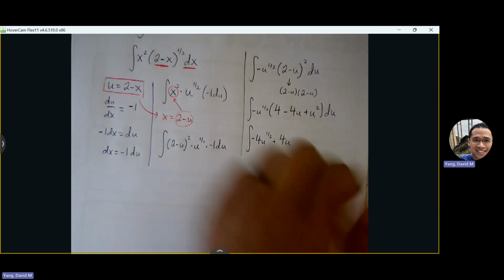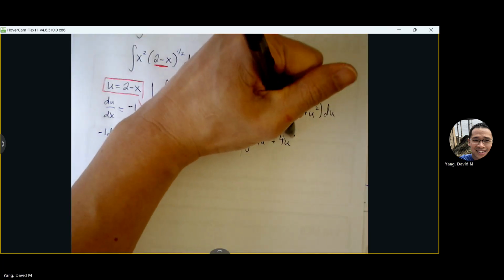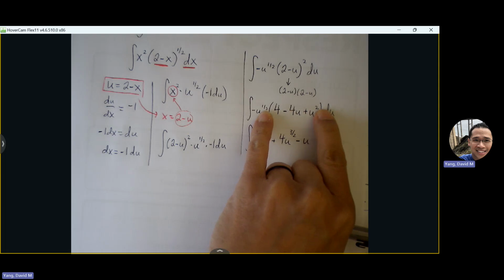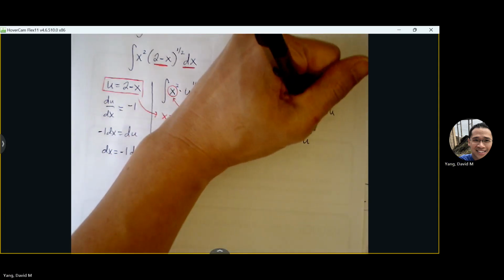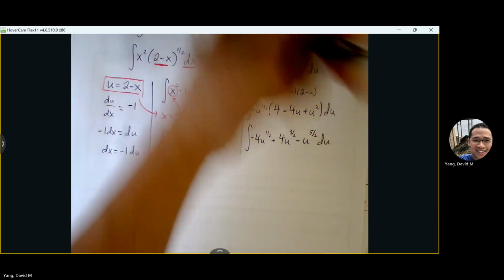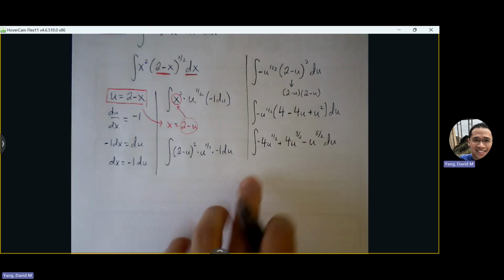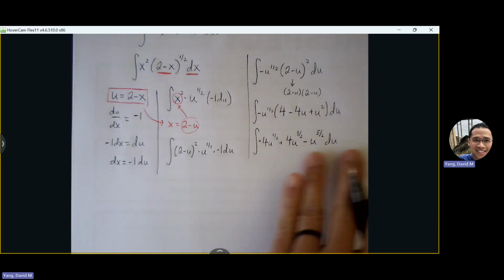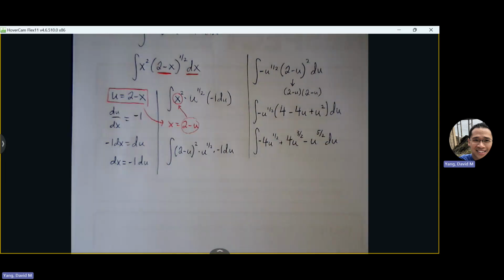So 1 plus 1/2 is 3/2. And then 2 plus 1/2 is 4/2 plus 1/2, which is 5/2. Now we're ready for power rule. We took all these steps to get to the point where we can now do the calculus process.